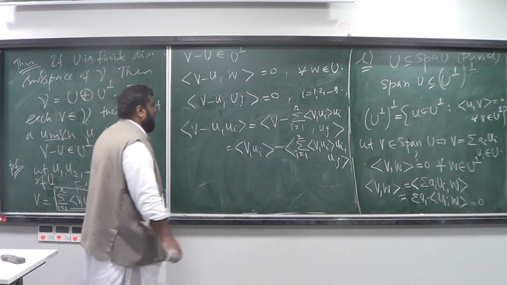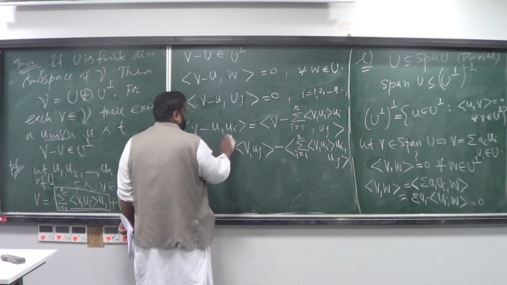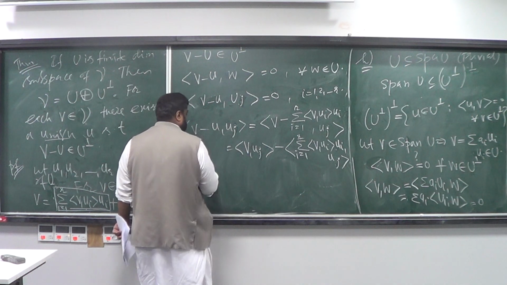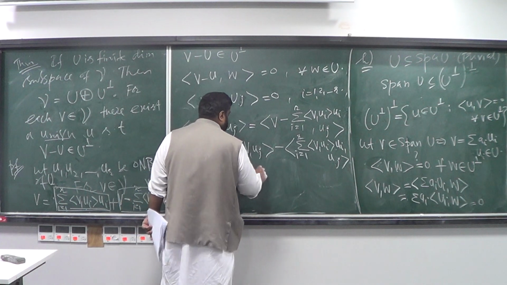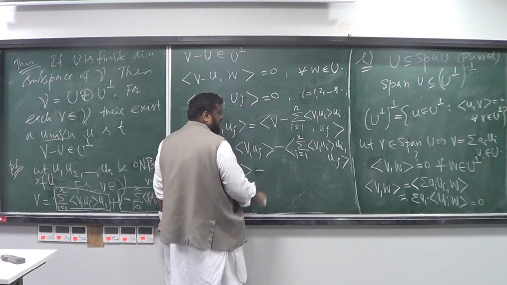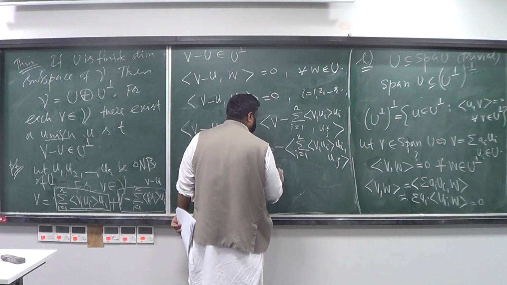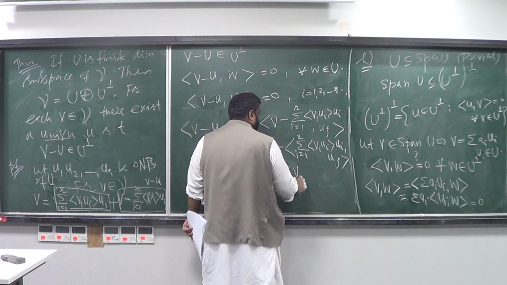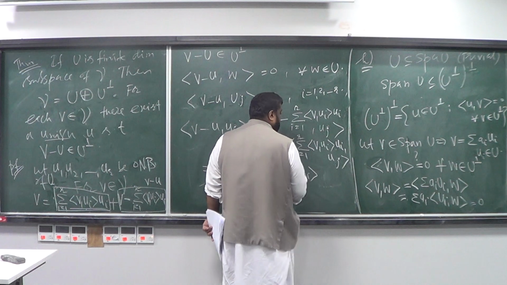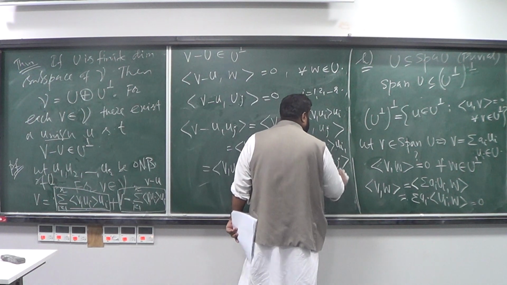So this would be the inner product of V with u_j, minus, I can pull the sum out, i that goes from 1 to r. I can pull these numbers out as well, the inner product of V with u_i, and what is going to remain inside is the inner product of u_i with u_j.